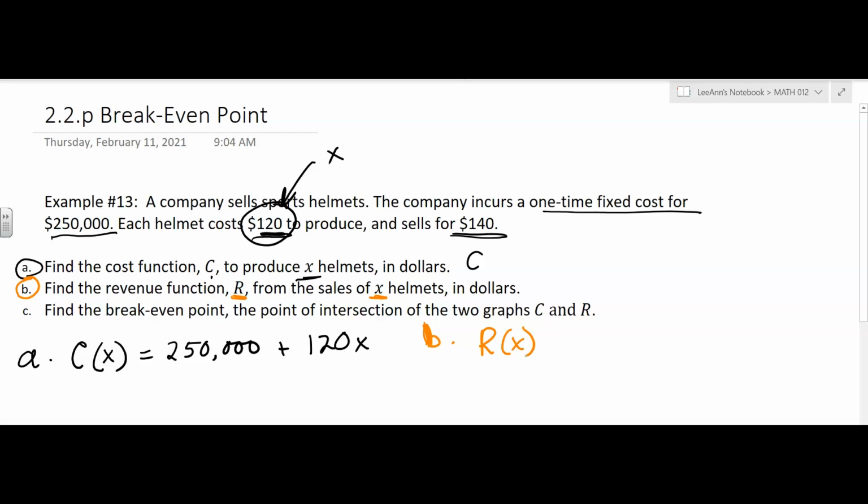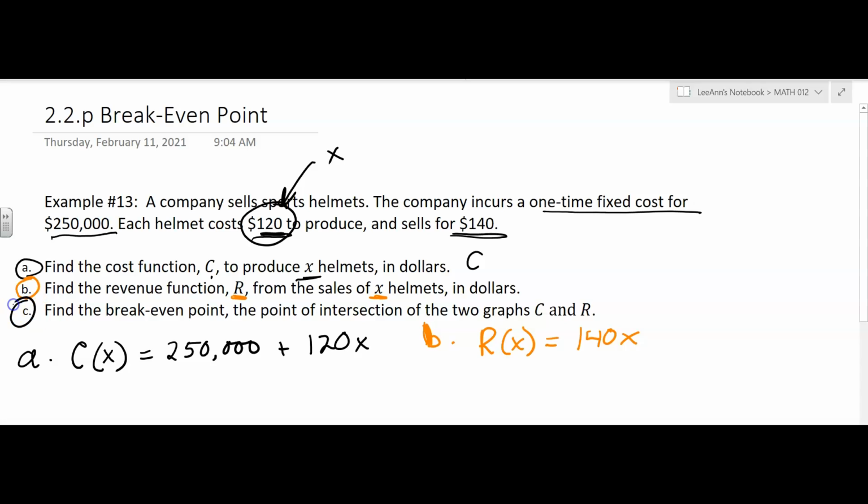It says find the revenue function from the sales of X helmets. We don't know how many helmets we're selling, but we're getting $140 for each helmet. So it's 140X. If I sold 10 helmets, then I would have brought in $1,400.